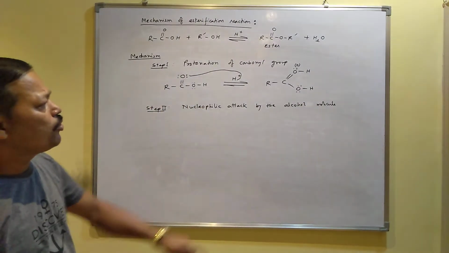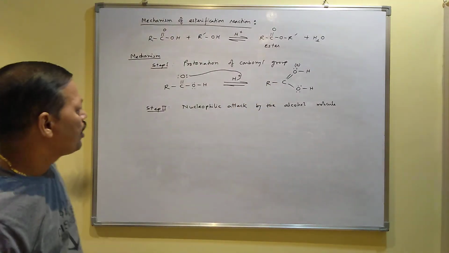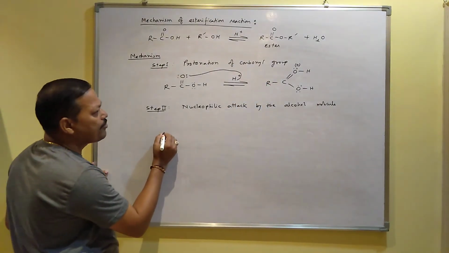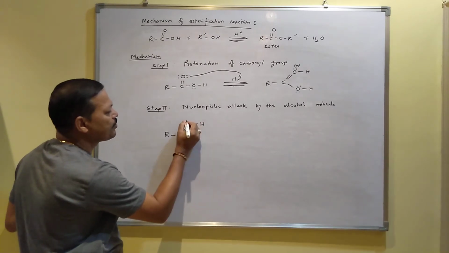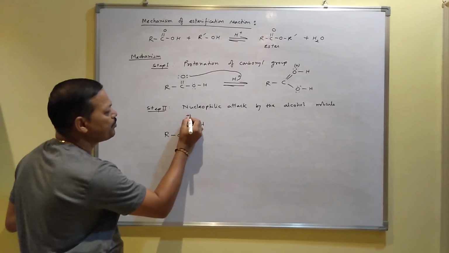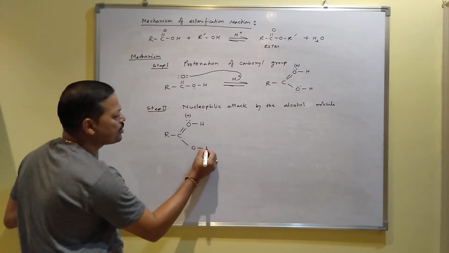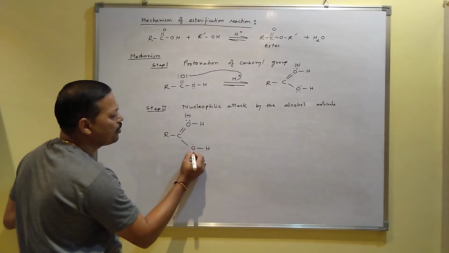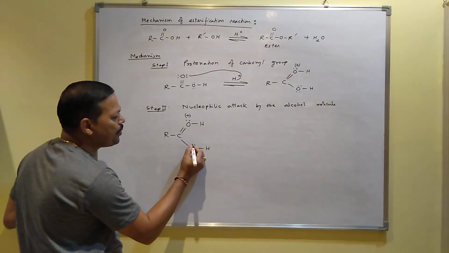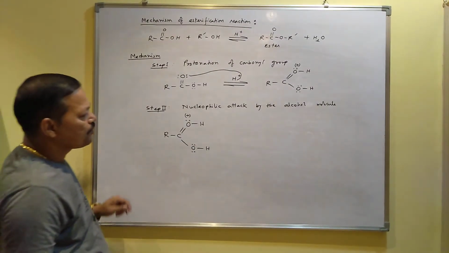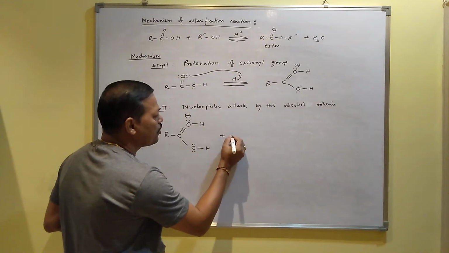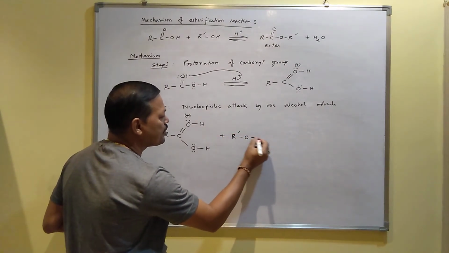Now the alcohol molecule will attack it. How will it attack? After protonation, the carboxylic acid becomes like this, as you have got in the first step. Here OH, oxygen carrying two lone pairs. The lone pairs involved in the mechanism, that's why I have shown the lone pairs inside oxygen. So this is your alcohol R-OH.